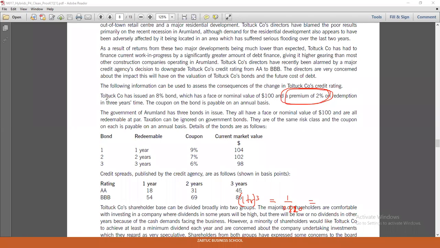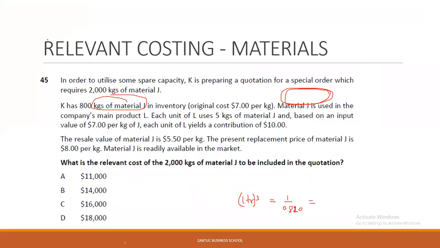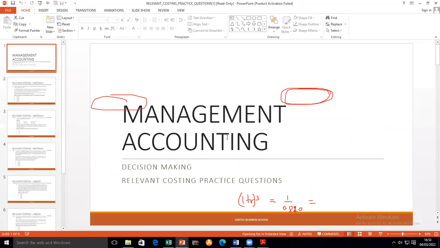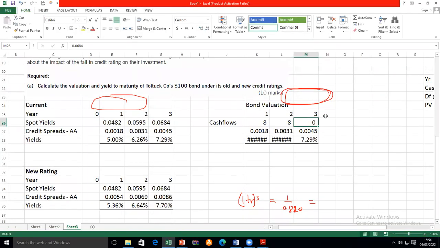All right, the 2% there. So you see why we need to be careful. So there's a 2. So we redeem at 102 plus 8. That gives us what? 110.